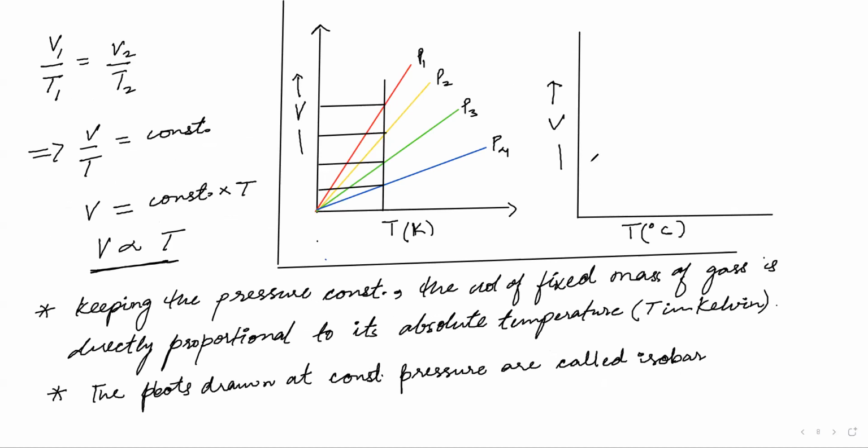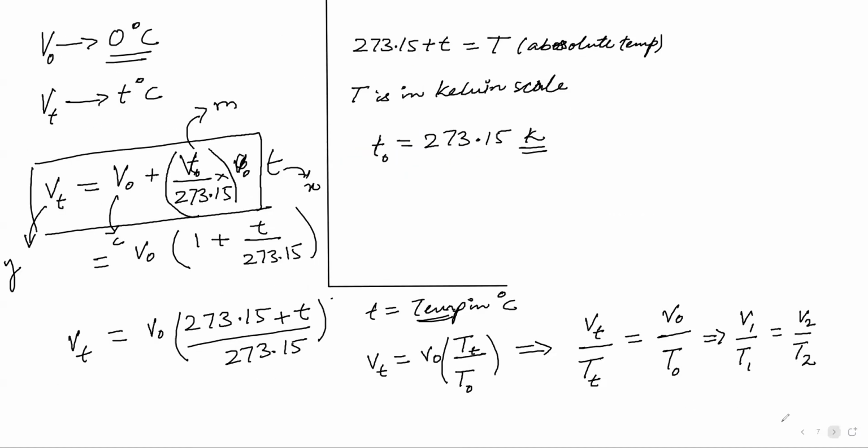This will be volume. So when will the volume be 0? If temperature is also low. How much low? The lowest. 273.15 degrees Celsius, I mean 273.15 Kelvin? No, okay, this is 0 degrees Celsius.